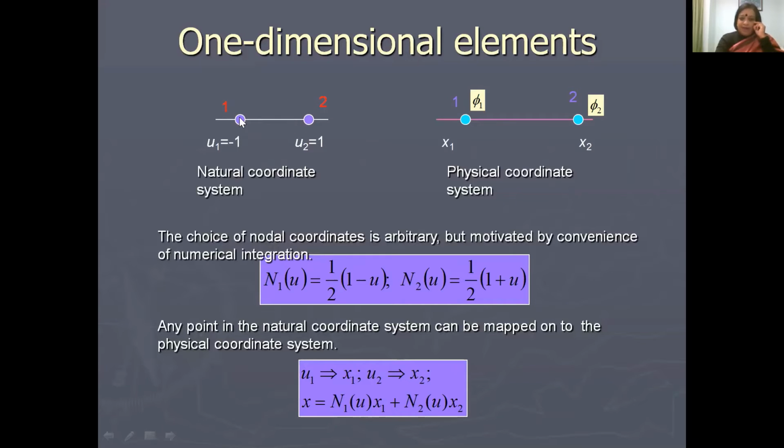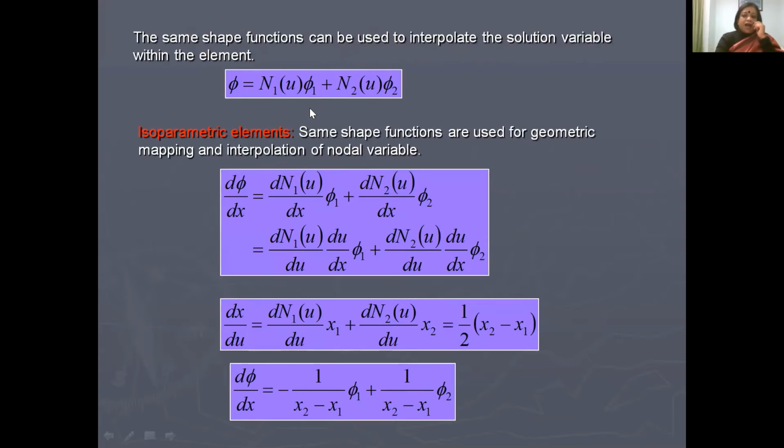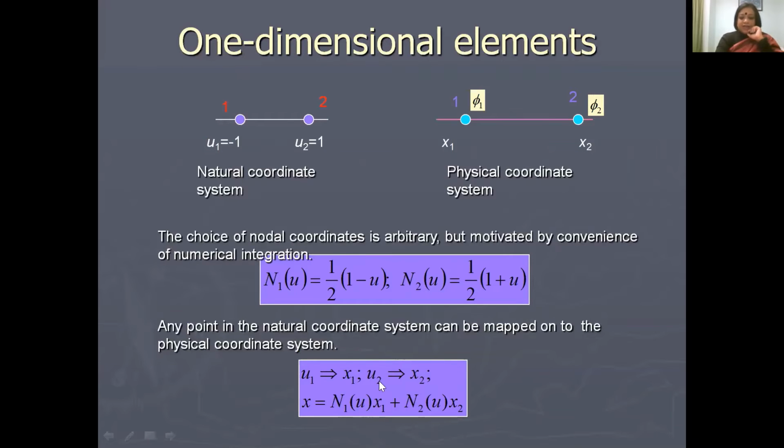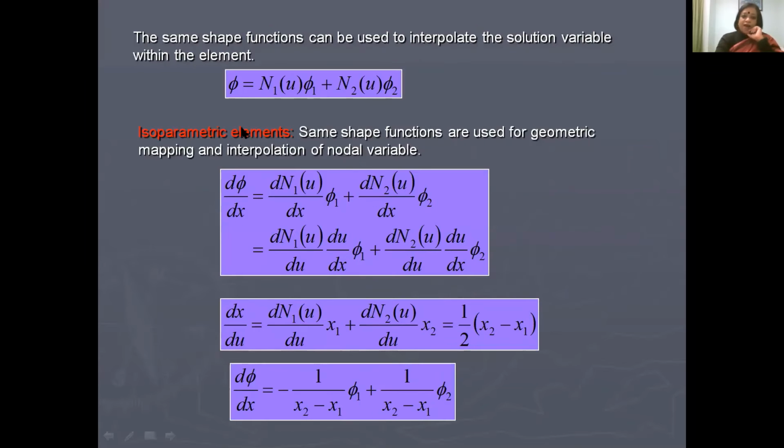What phi is, I write in the next slide: phi is the trial function obtained in this element between u1 and u2. I'm also telling you that in isoparametric elements, we are going to use the mapping functions as the shape functions. So if I have used N1, N2 as my mapping function, I'm also going to use N1, N2 as my shape function. So not only is x equal to N1 x1 plus N2 x2, phi also is equal to N1 phi1 plus N2 phi2.